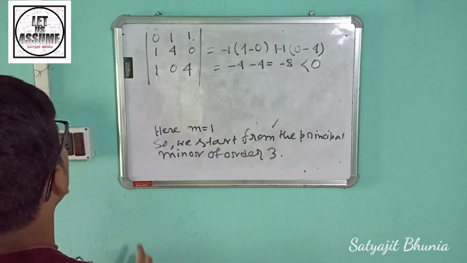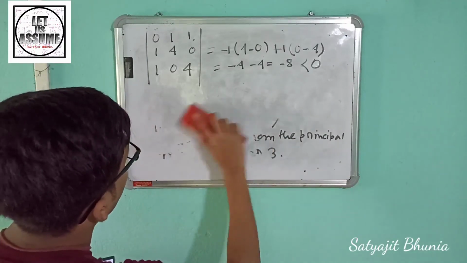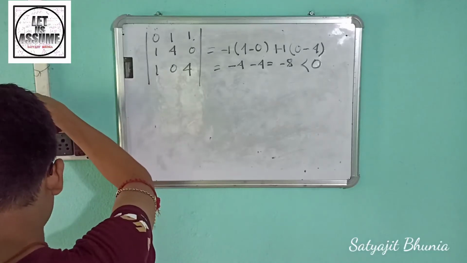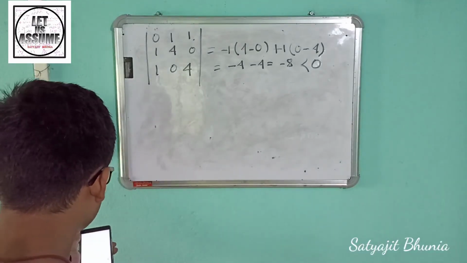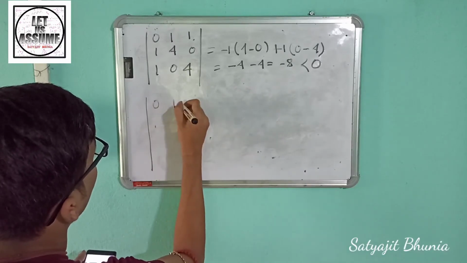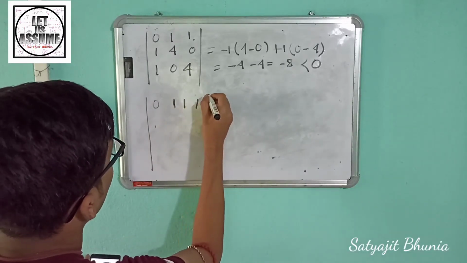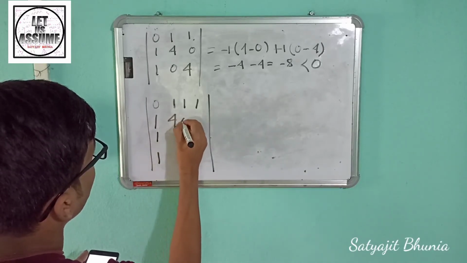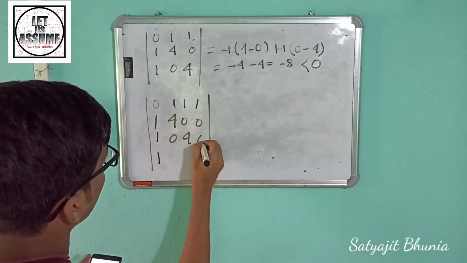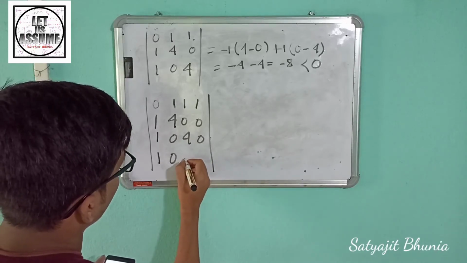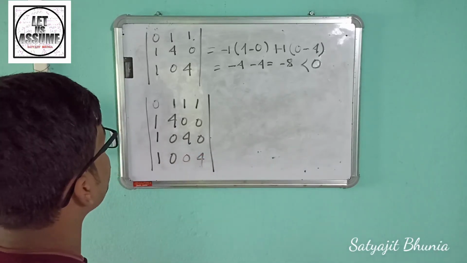So again we will check the principal minor of order 4: 0 1 1 1, 1 4 0 0, 1 0 4 0, 1 0 0 4.